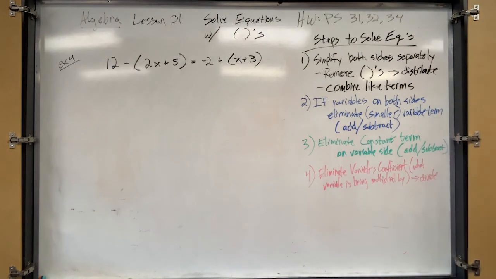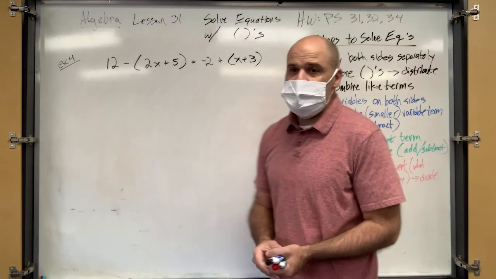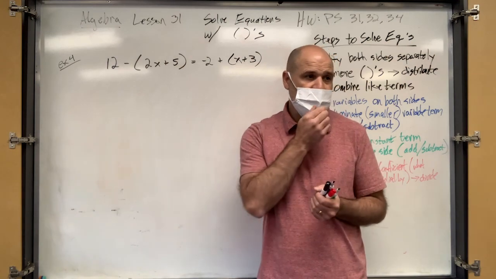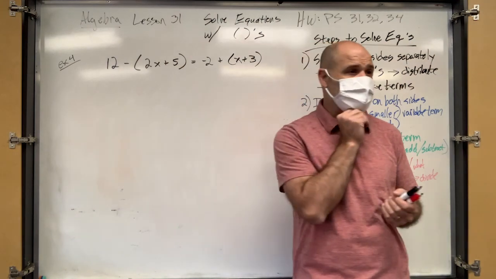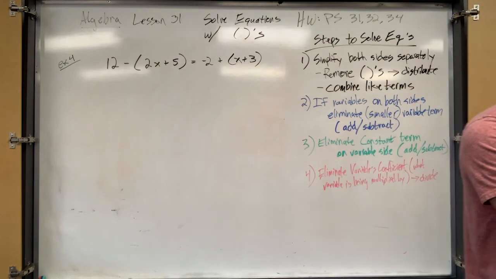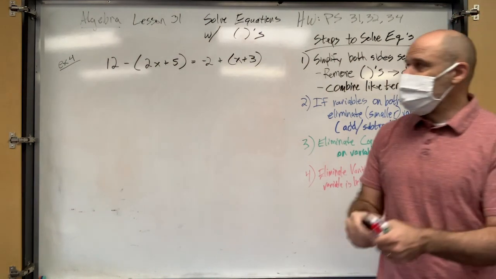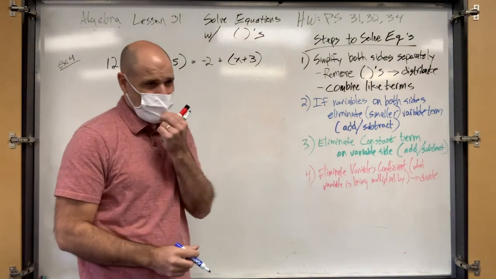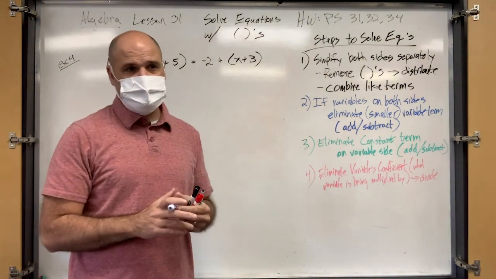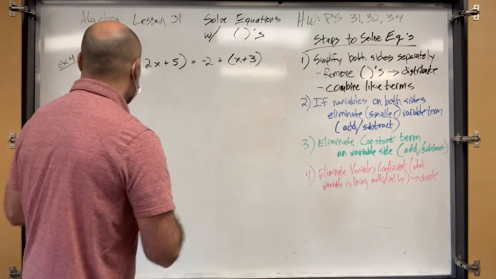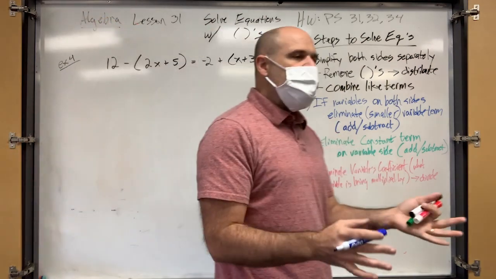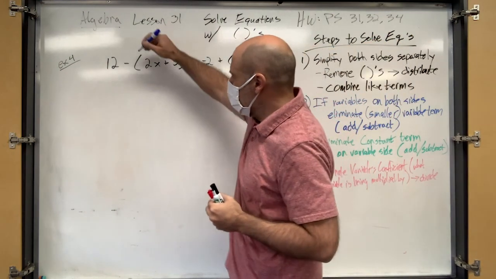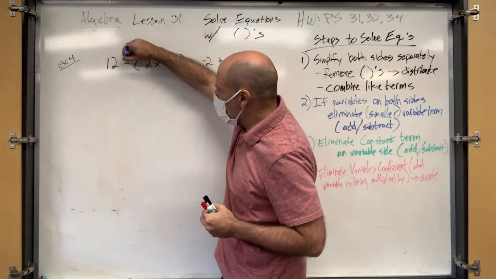All right? Now, it doesn't look like there's anything to distribute, but there is. What are you distributing to the 2x and the 5? Subtraction. Yeah, subtraction, but in my world, I think it would be easier to chicken scratch a subtraction problem. So whenever you're dealing with parentheses or negatives or anything, it's always easier to chicken scratch. So where do I put the negative sign?